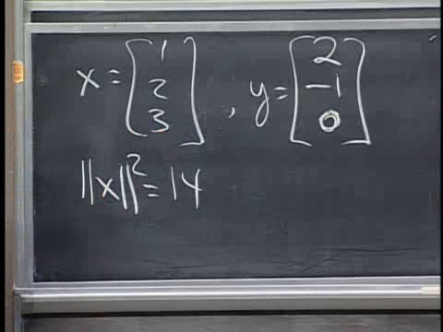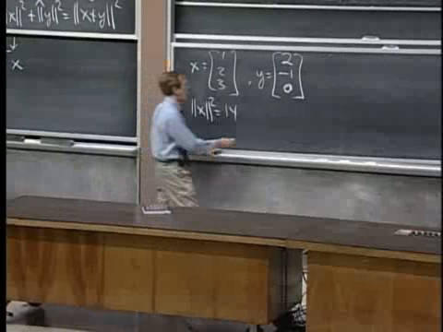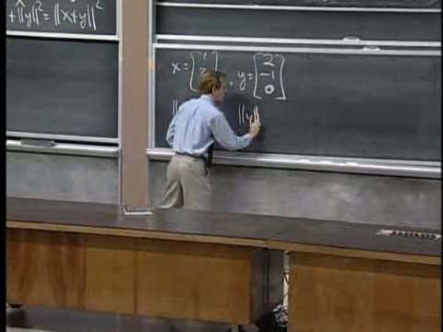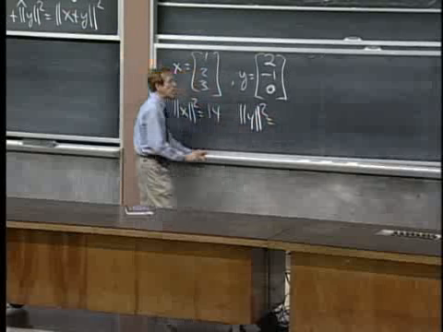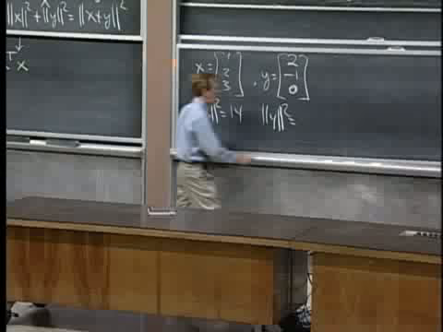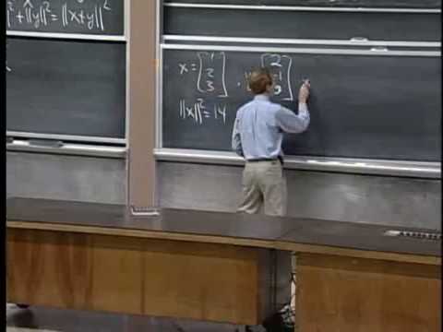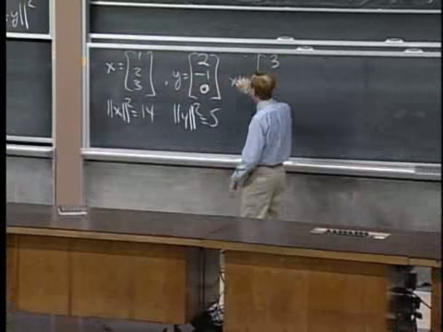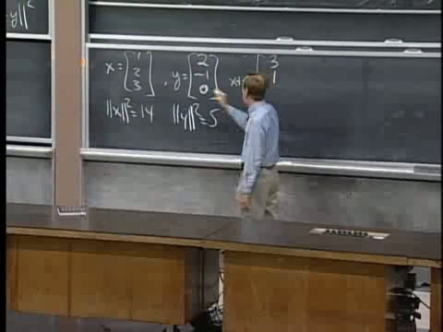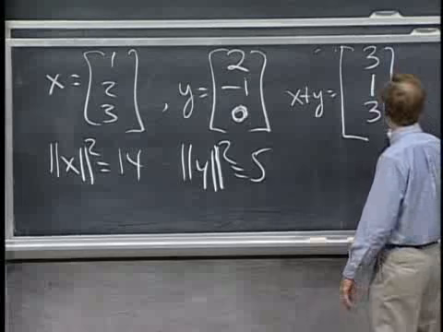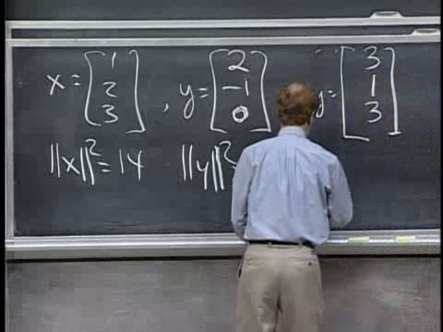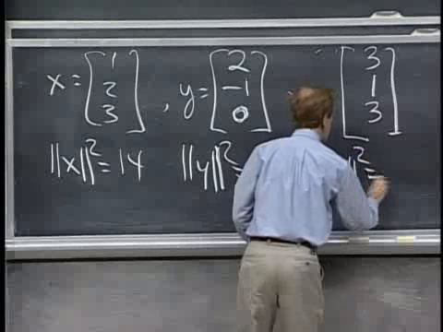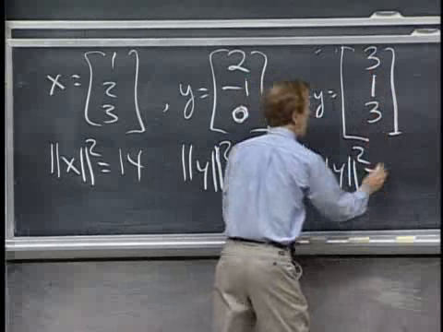That those two vectors are orthogonal. The length of y squared is 5. And x plus y is 1 and 2 making 3, 2 and minus 1 making 1, 3 and 0 making 3. And the length of this squared is 9 plus 1 plus 9, 19.